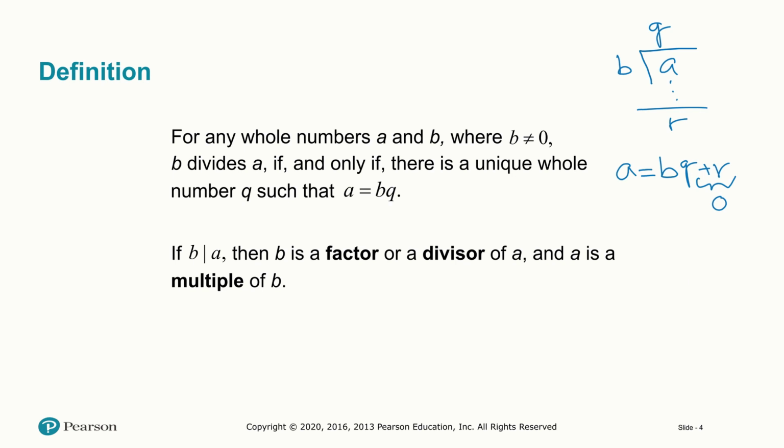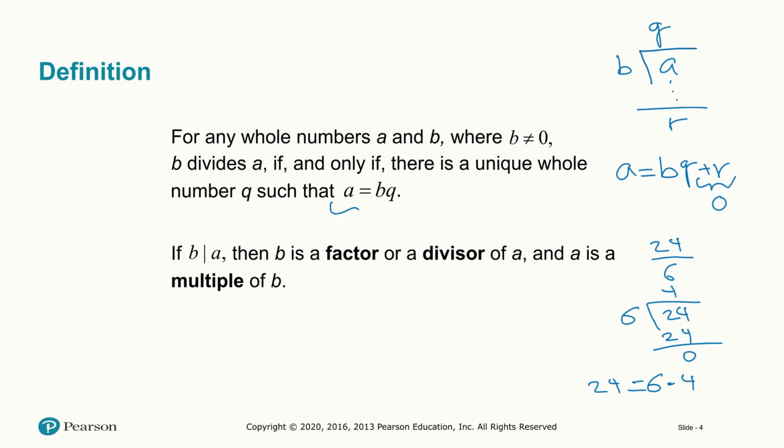So, for example, 24 is divisible by 6, and alternately we can say 6 divides 24, because when we divide 24 by 6 we end up with a remainder of 0, so we can say 24 equals 6 times 4.